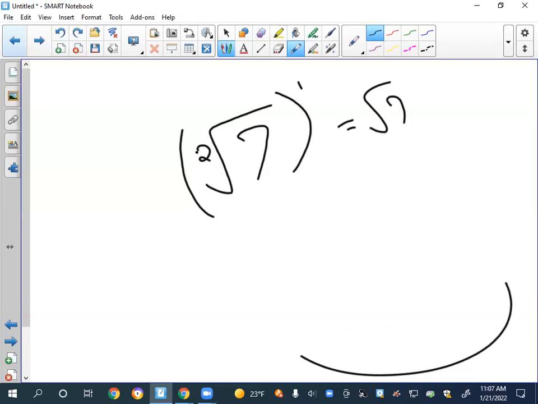And then positive 4 times negative 2 is negative. Oh, those are square roots.